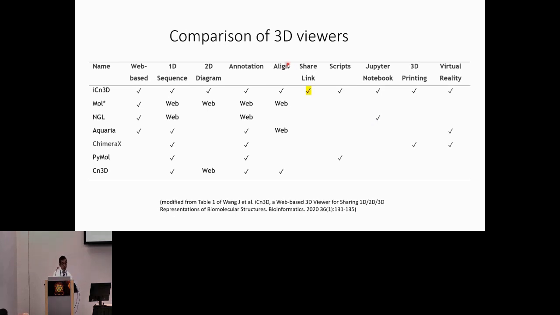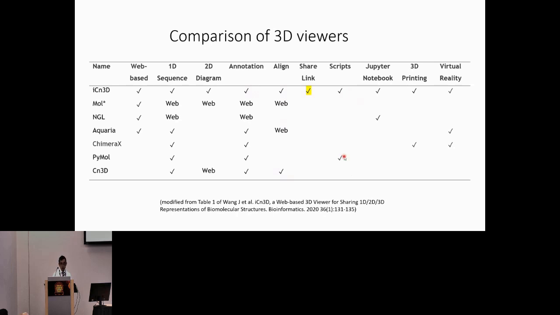Since annotation is important, most of the viewers have annotations either in the software or through an integrated website. Alignment features are available in iCn3D, Mol*, Aquaria, and others. In iCn3D, you can process many structures in batch mode using a Node.js script or Python script.